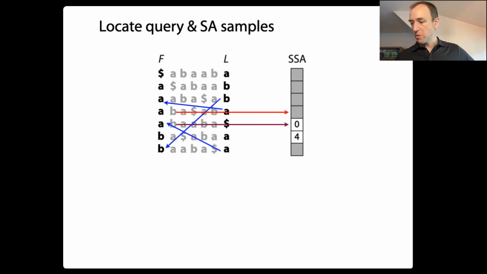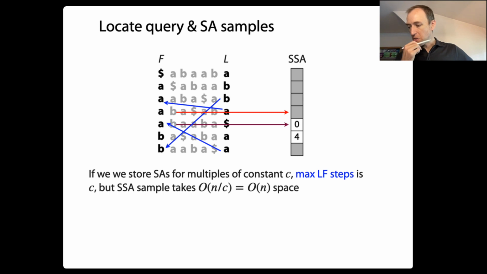So to summarize what we've been doing, we've been sampling, right, we saw this already. If we store a sample such that we are taking suffix array entries at multiples of some constant c, like in this example we took multiples of 4, then the maximum number of LF steps we're going to need to take to get to a row for which we kept a suffix array sample is bounded by c, right?